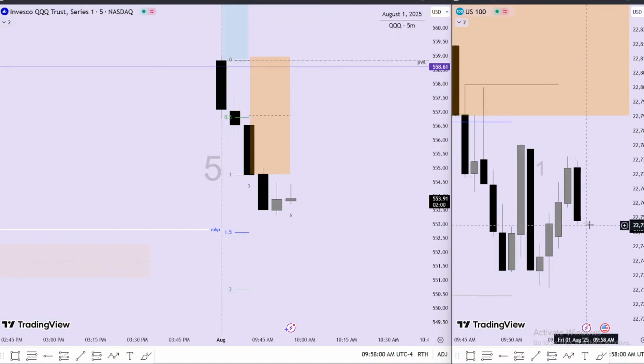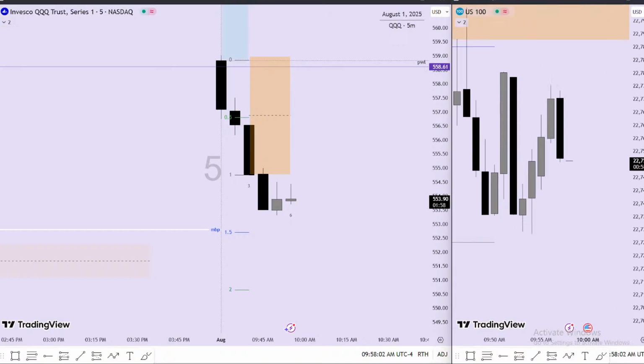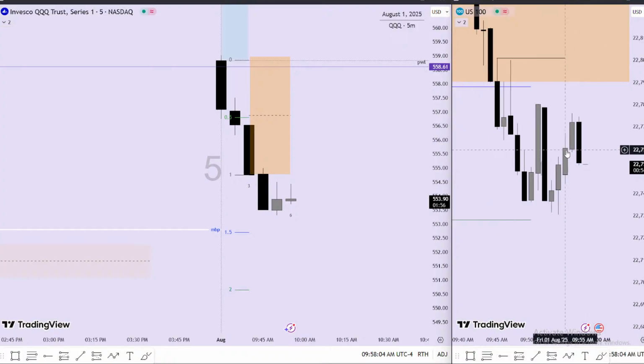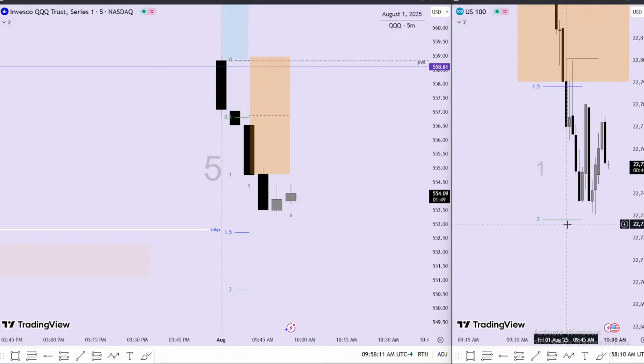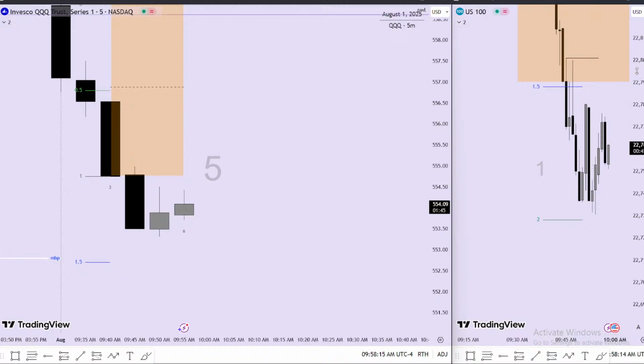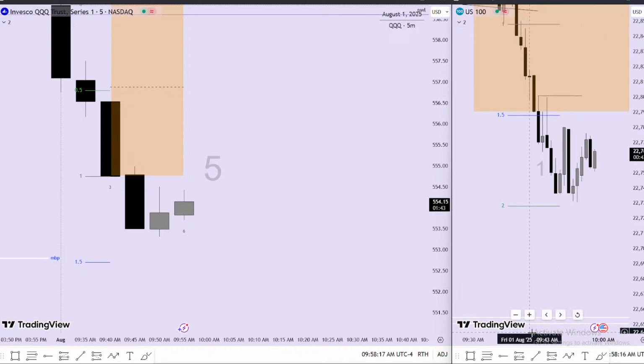Is this the high two? Can this be a good trade, just to aim for this low? I don't think so. We are very close to news. Very, very close to news.